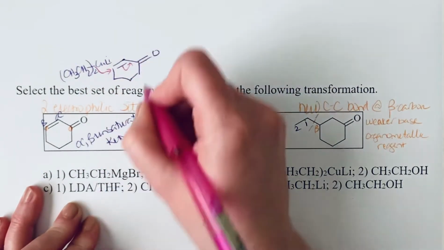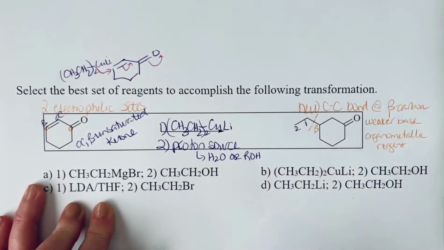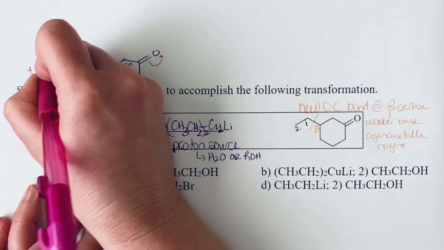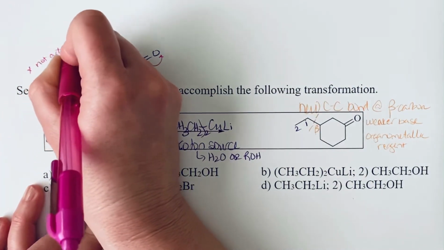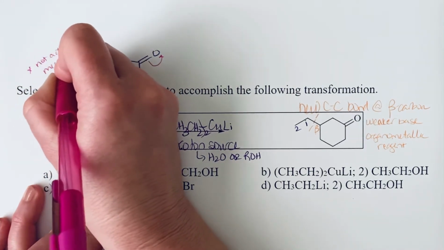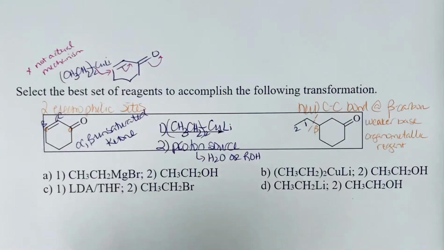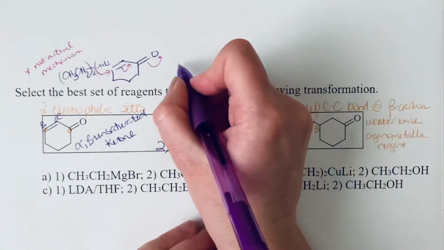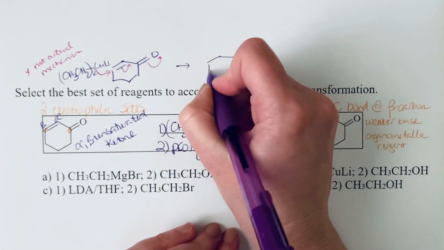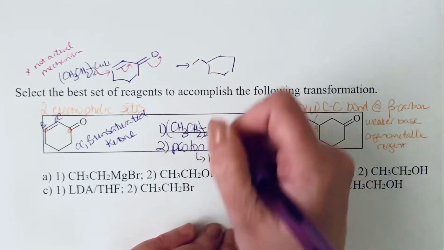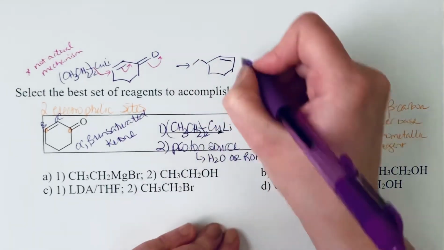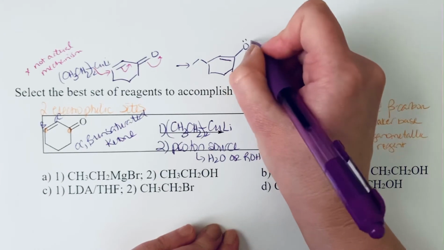You're pushing electrons in here and then up onto the oxygen. So not the actual mechanism, just a disclaimer there, but it helps us to visualize things. And so we can imagine that we've transferred that one ethyl group. So there it is. We have formed the enolate.